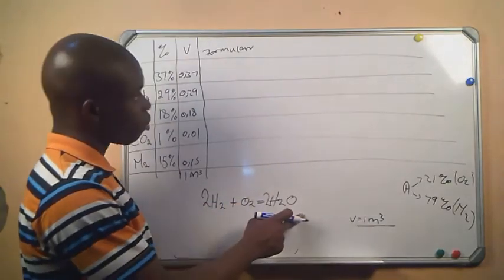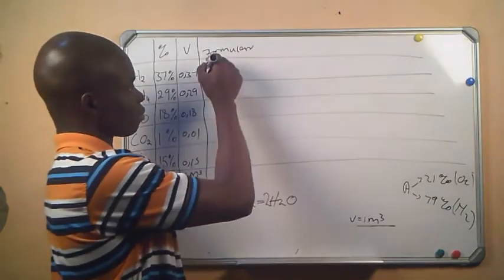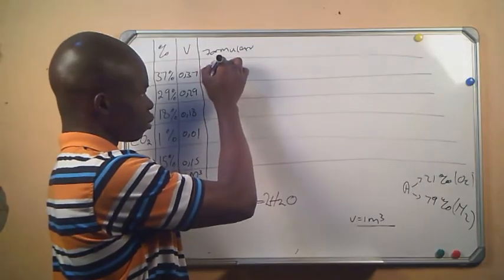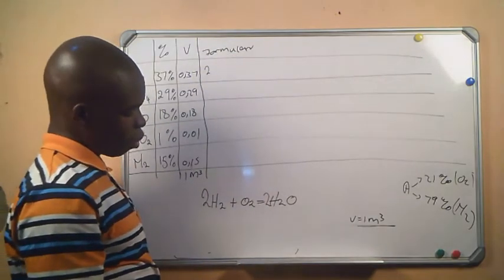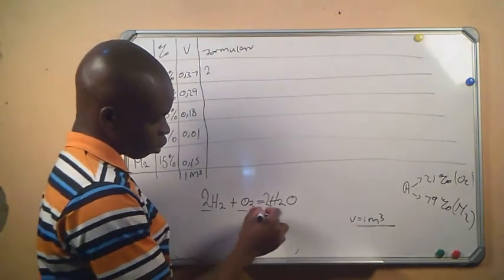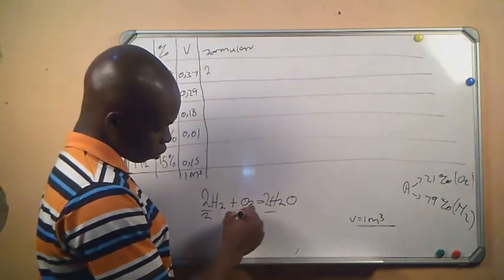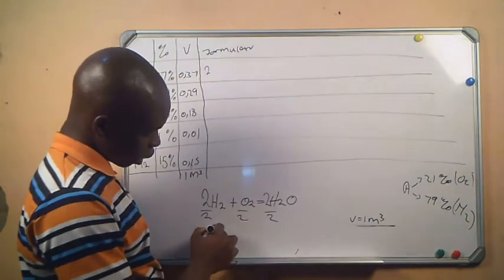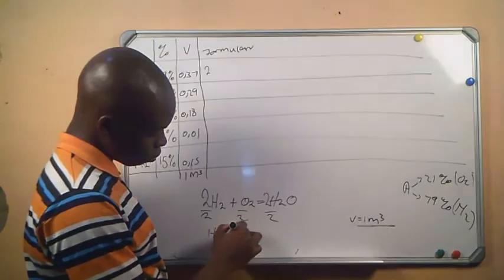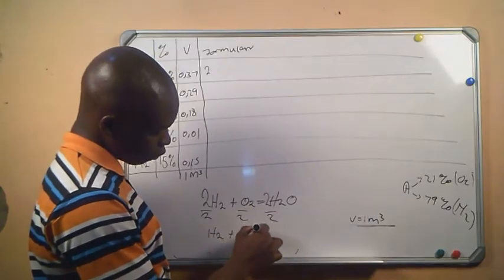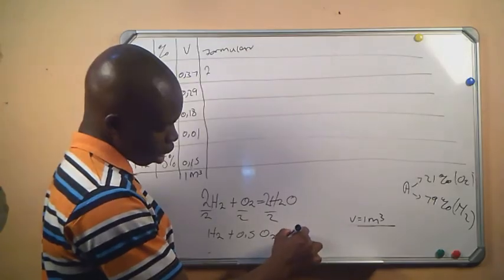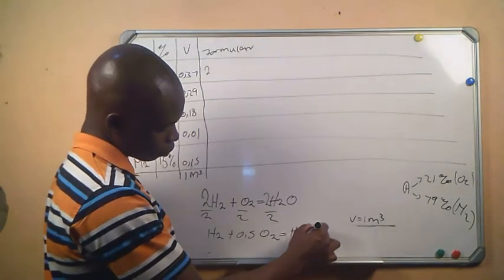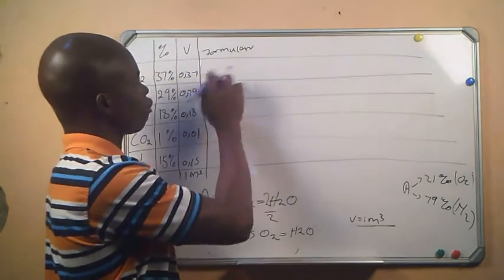So we write 2, and first we must divide by 2 throughout, and then we get a formula that says H2 plus 0.5 oxygen equals H2O.